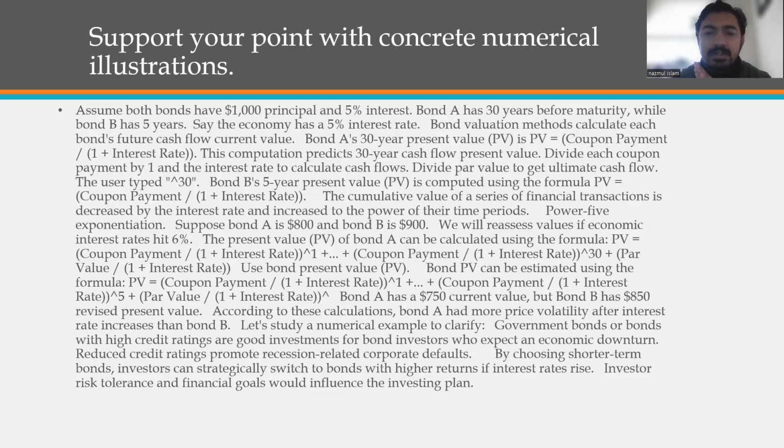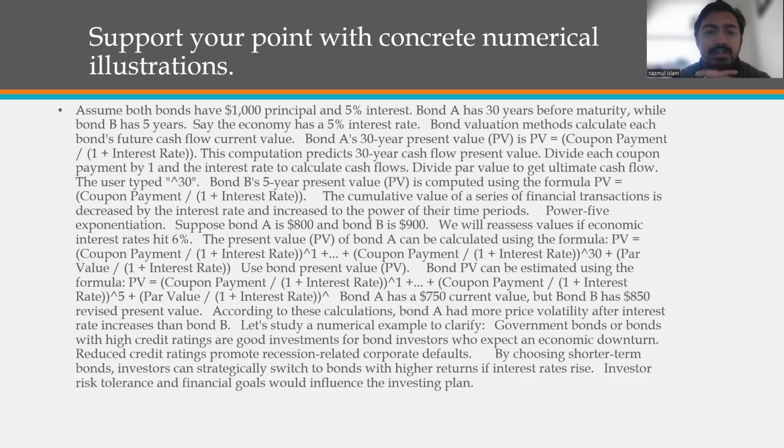So let's study a numerical example to clarify this. A government bond or a bond with a high credit rating is a good option for bond investors who expect an economic downturn.